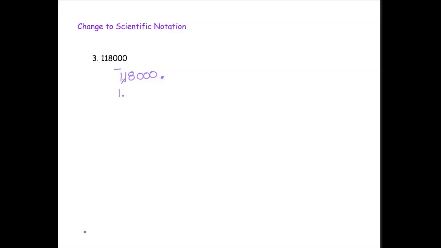So I have 1.18, and I don't have to write the zeros because they're just placeholders there. And it's 10 to the 1, 2, 3, 4, 5. So I look at my beginning number. Is it a big number? Or is it a really small number, smaller than 1? And it's a big number, so I'm going to leave my exponent as positive.